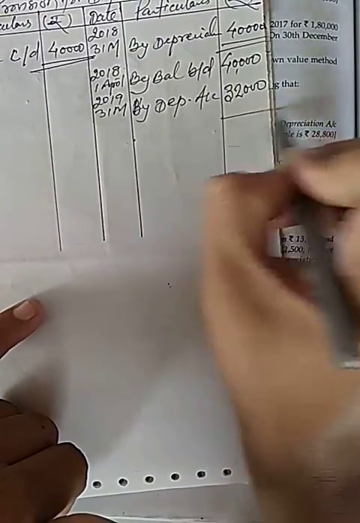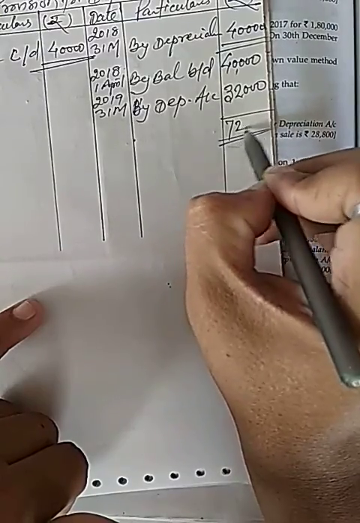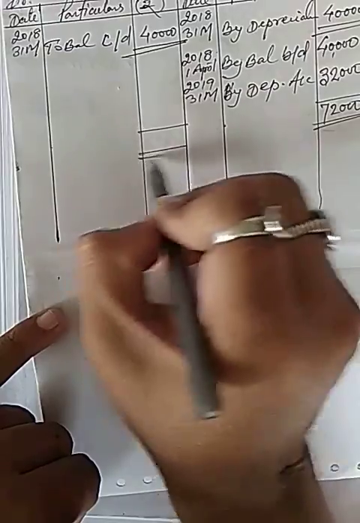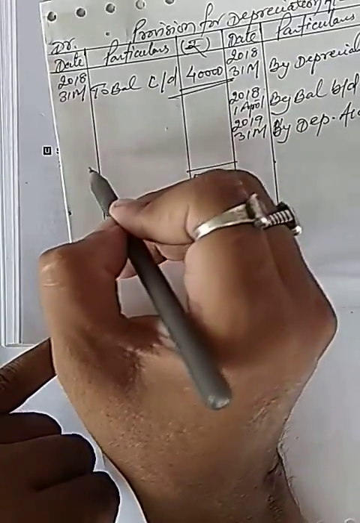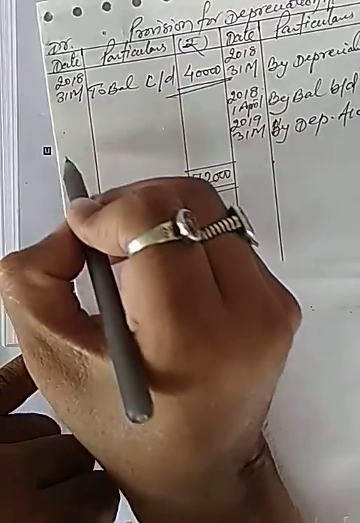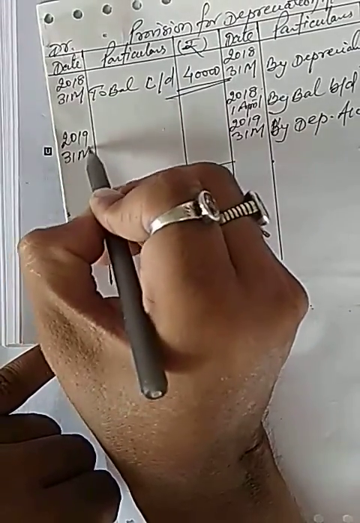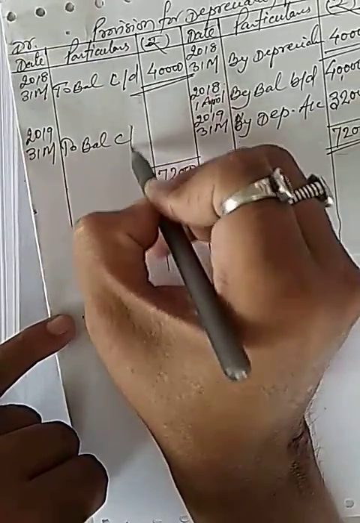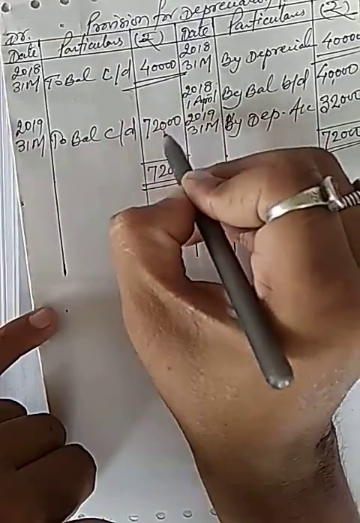So the total will be 72,000, and I will also write on the DR side 72,000, and on 2019 31st March to balance CD will be 72,000.